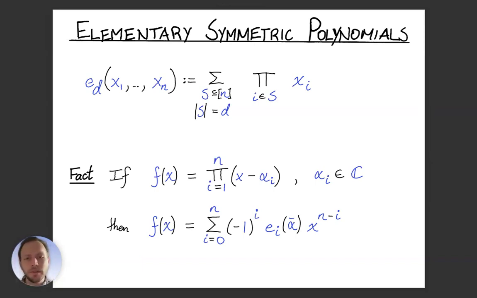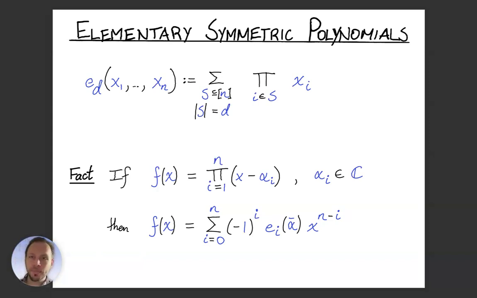I don't necessarily know what they are, but mathematically, of course, we can write f like this. If you expand out this product, you see that the coefficients of f are, up to a sign which we can easily determine, really the elementary symmetric polynomials evaluated at the roots of f.